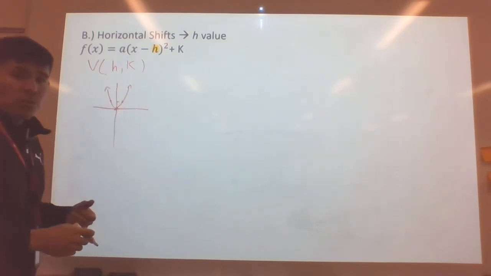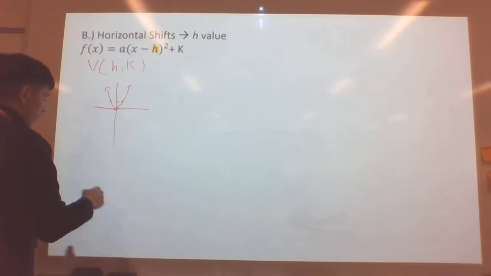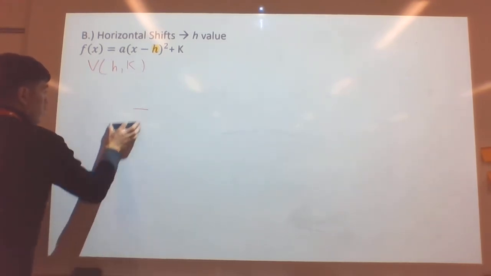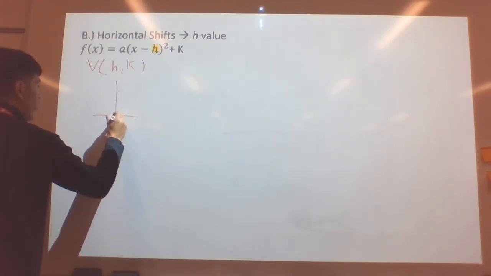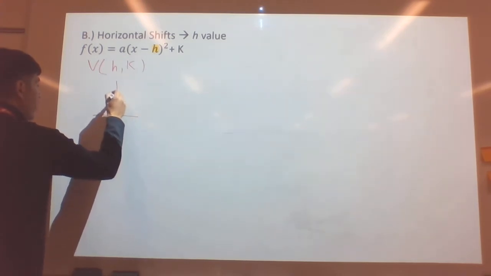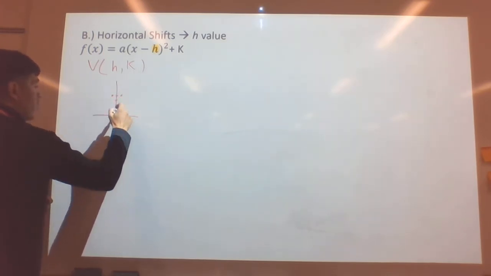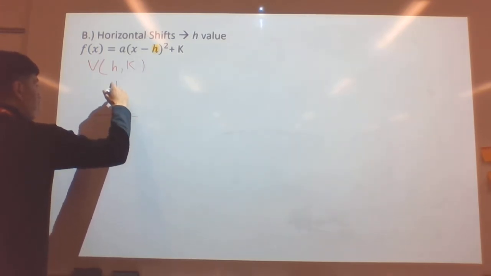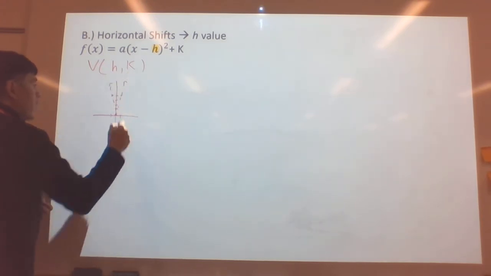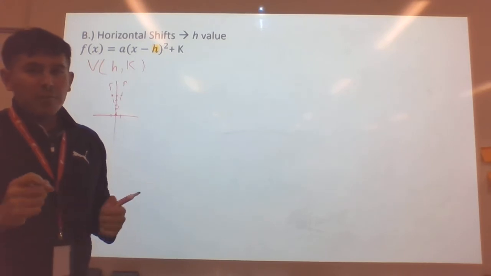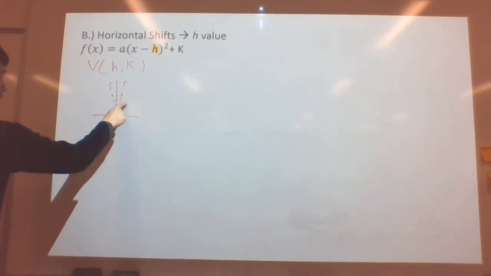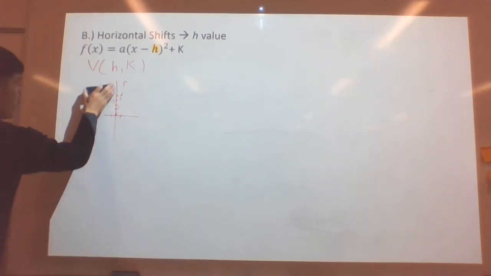If my a value is 3, or let's say 4, I go up 1, 2, 3, 4, and then over 1. So again, the a value is kind of your slope for the very first point on each side, only for those first points.